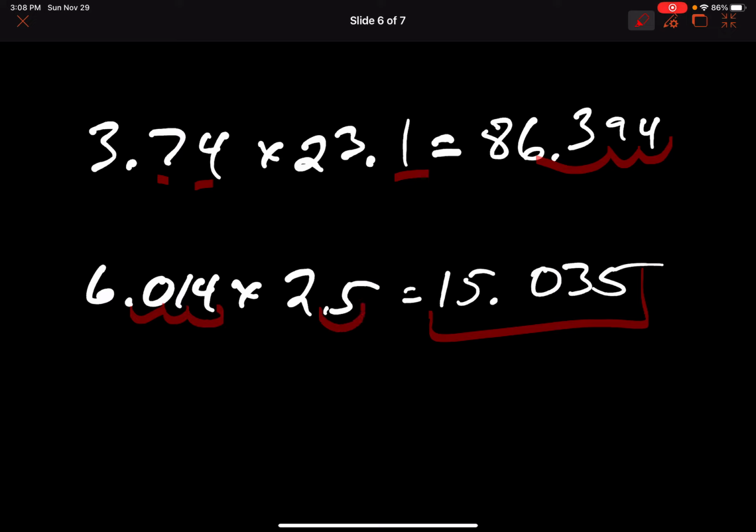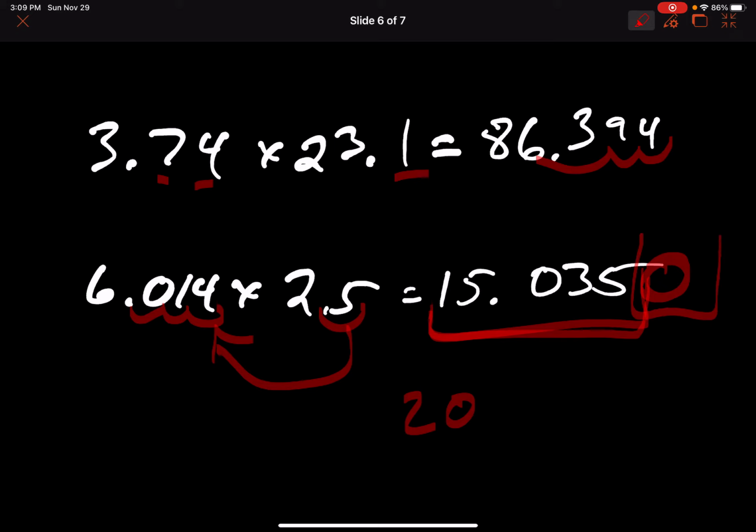And that is because when we do this on a calculator, it's leaving off that ending 0 because 5 times 4 is 20, right? So it's leaving off that ending 0. So that is something that we also need to be aware of. If we put that extra 0 at the end, then it would show that place value.